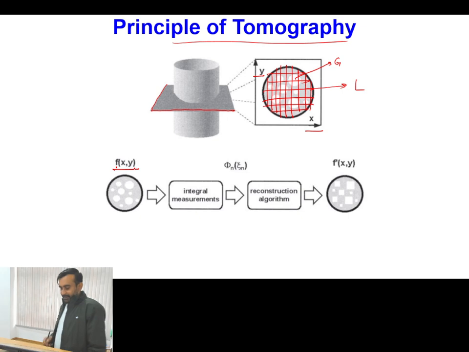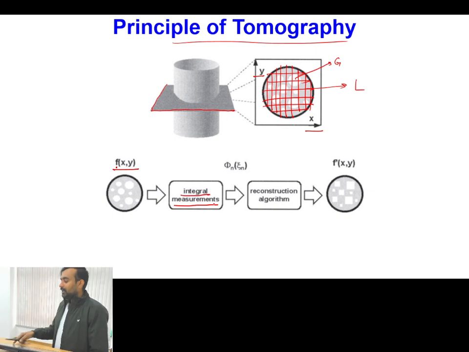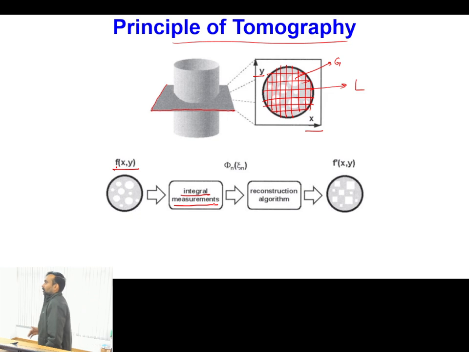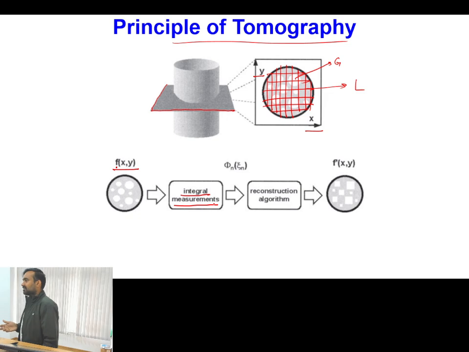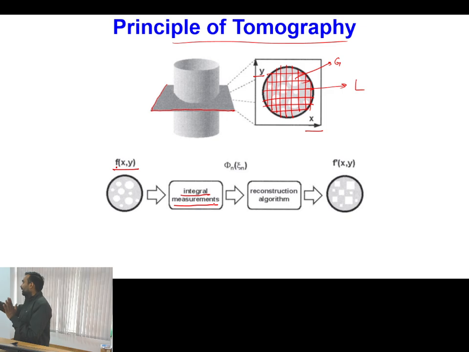This indicator function, which we are measuring, we are doing as integral measurements. The meaning of integral measurements is that from all the sensing locations we are measuring the quantity simultaneously, and along with the simultaneous measurement we can also keep a record of this quantity for a finite time period. Is this one clear?